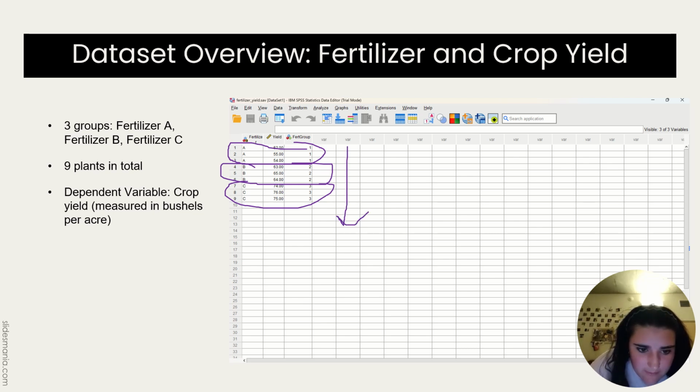Our dependent variable is the crop yield, which is measured in bushels per acre, and that is just titled as yield up here.